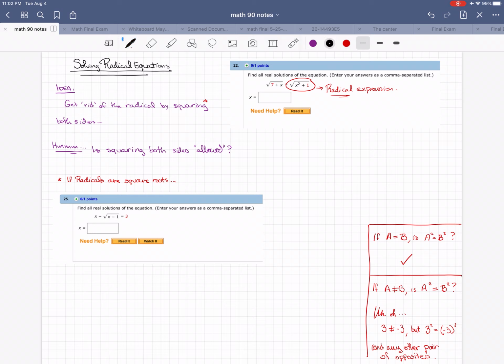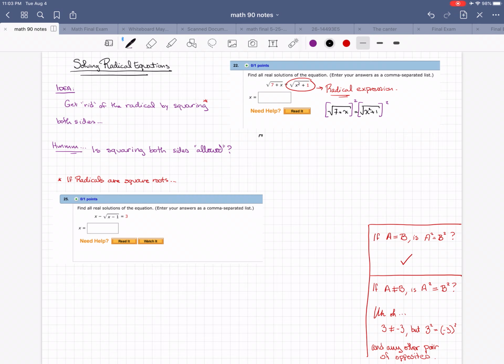So we have this equation, the square root of 7 plus x, and we want that to be equal to the square root of x squared plus 1. Let's go ahead and square both sides. The nice thing about this equation is that both sides are just lonely square roots, so all that squaring is going to do is get rid of that square root.